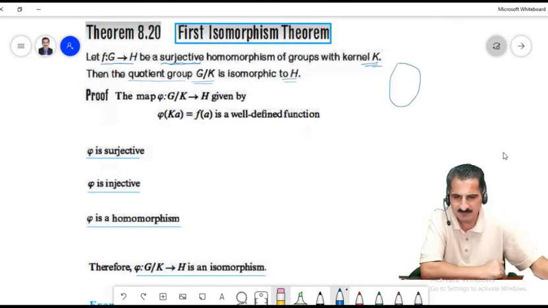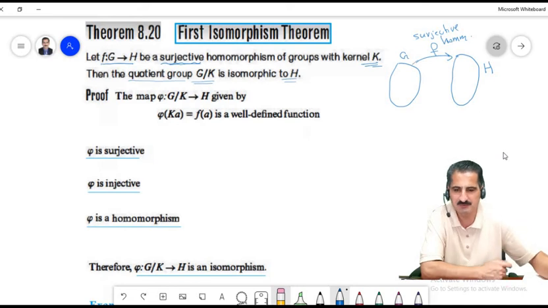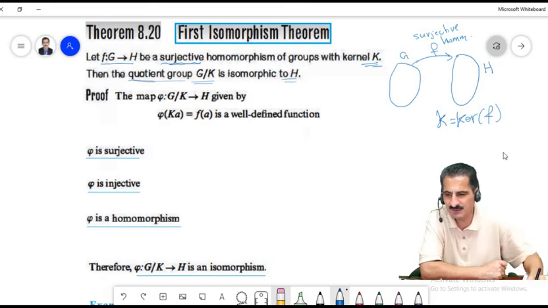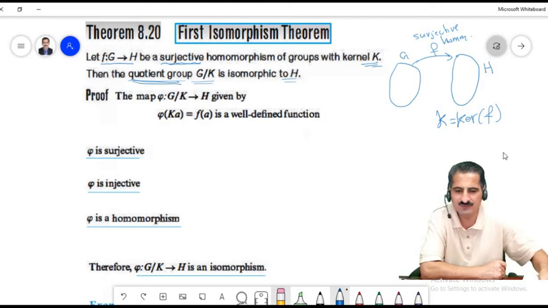It says if we have a G and then a surjective homomorphism F, and it goes to H. So all of H is engaged, I mean surjective. Now we are assuming here the kernel K is the kernel of F. Now we are saying the quotient group G over K is isomorphic to H.